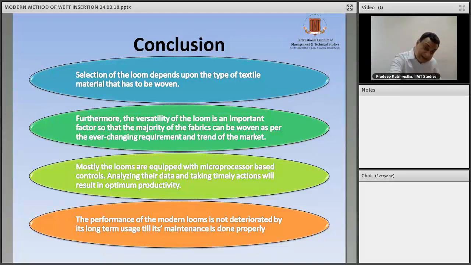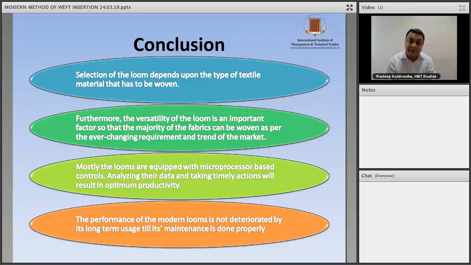The other factor is that mostly our looms are equipped with microprocessor controls. The limiting factor is how much analysis and timely action we are taking on it. If microprocessors are giving information and we are just satisfied, okay, run the loom, reset the machine, then the machine will come into our hands one day. There is no meaning in investing money for such sophisticated processes. So there must be talented, well-educated graduate and postgraduate persons who handle the machine in key positions.